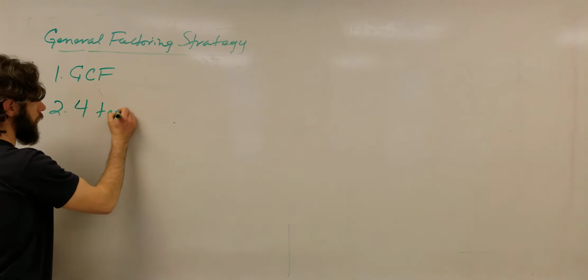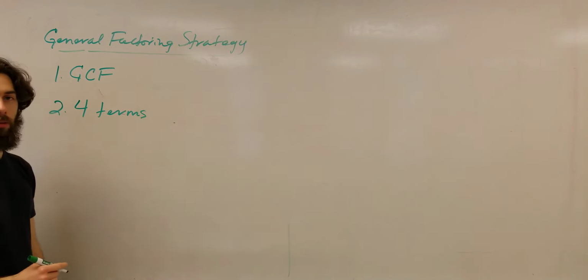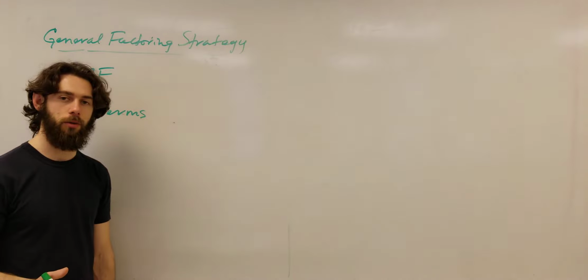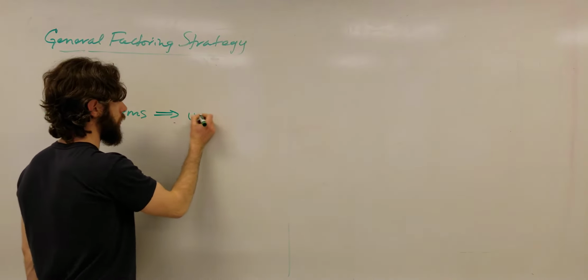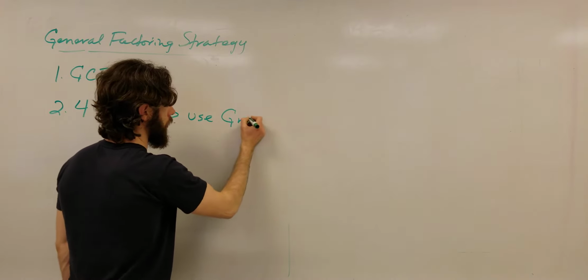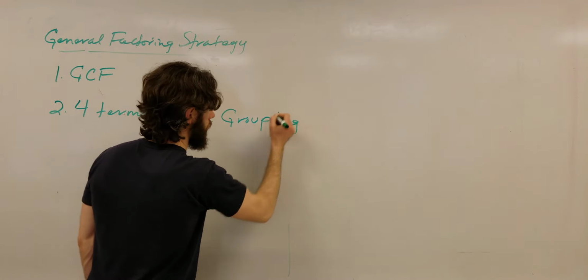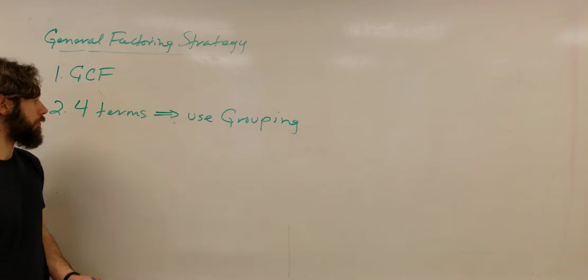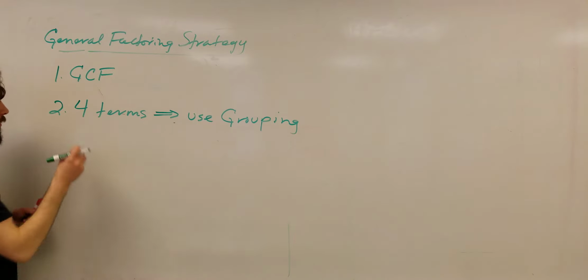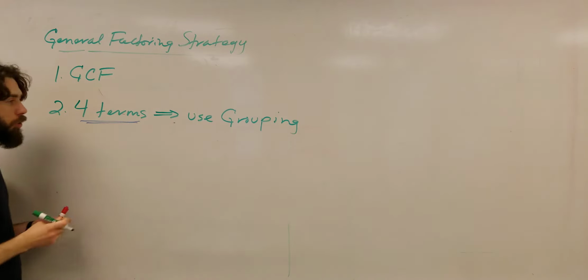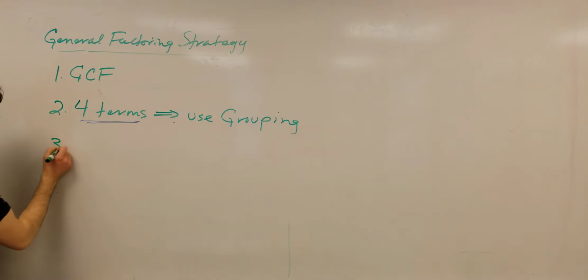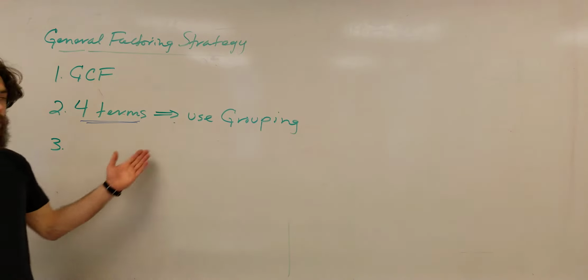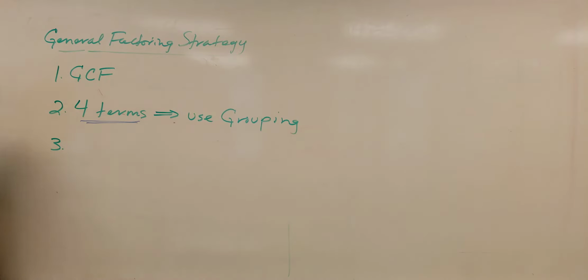If we have 4 terms in the polynomial, remember that was the situation where we used grouping. So if you have 4 terms, grouping is the go-to method. And you can get a long way once you do grouping.